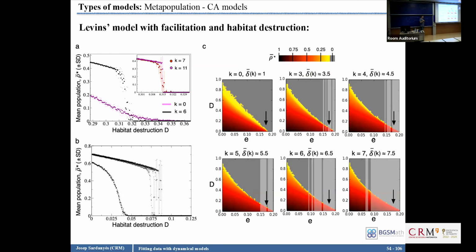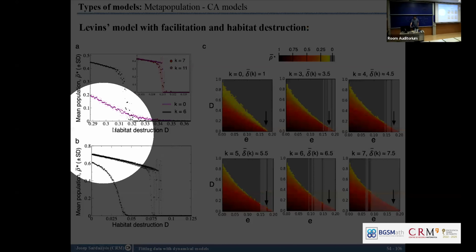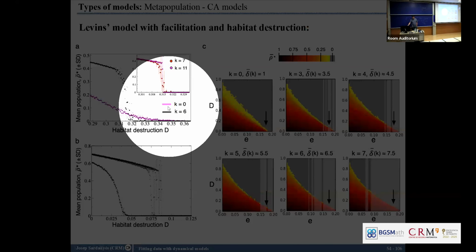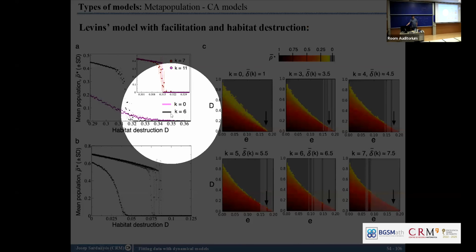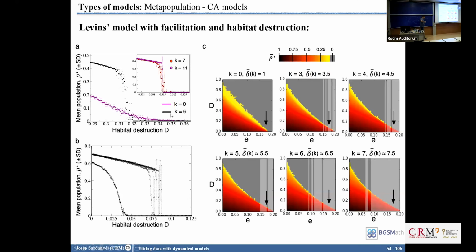But if this k increases, and this is why we use this function k, here you have an example with k0, that this is actually a zoom of this smooth transition. If k is 6, I mean, you can go to the first neighbor, second neighbor, third neighbor, fourth neighbor, fifth neighbor, or sixth neighbor.